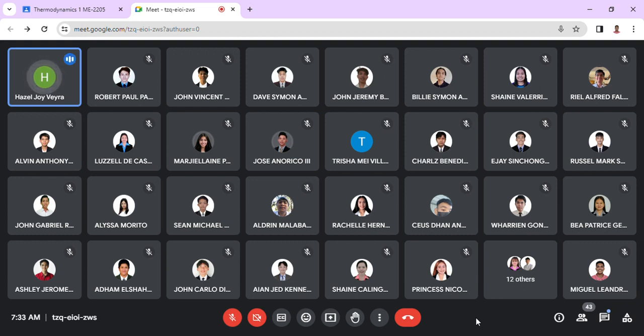Again, 1 atm is equivalent to blank kPa. Answer? 101.325 kPa. Correct. So 1 atm is equivalent to 101.325 kilopascals.